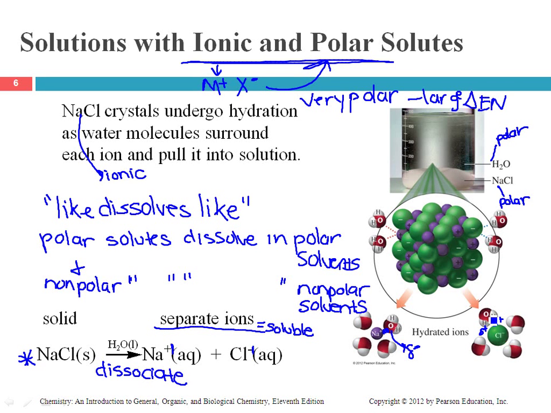That is due to the fact that water is polar. It can solvate, or hydrate, is the better term here. It can hydrate those ions and basically break this apart. So it has to break apart the crystal in order for it to be soluble.